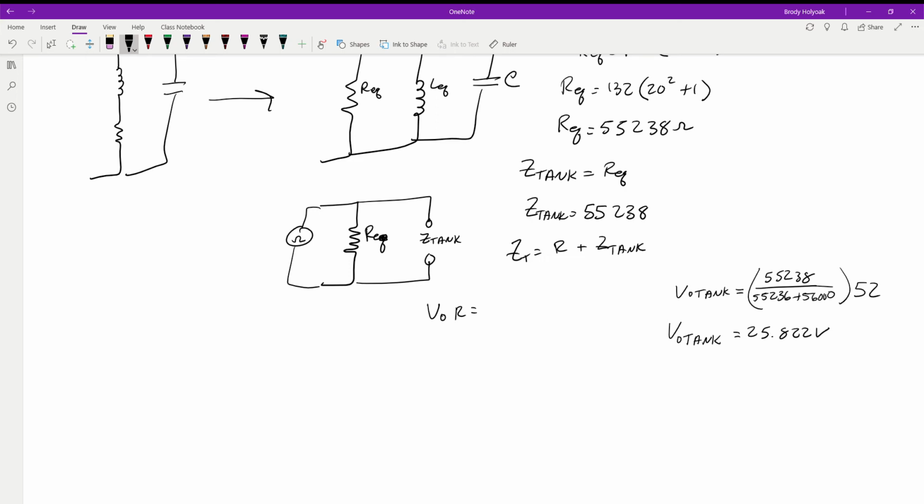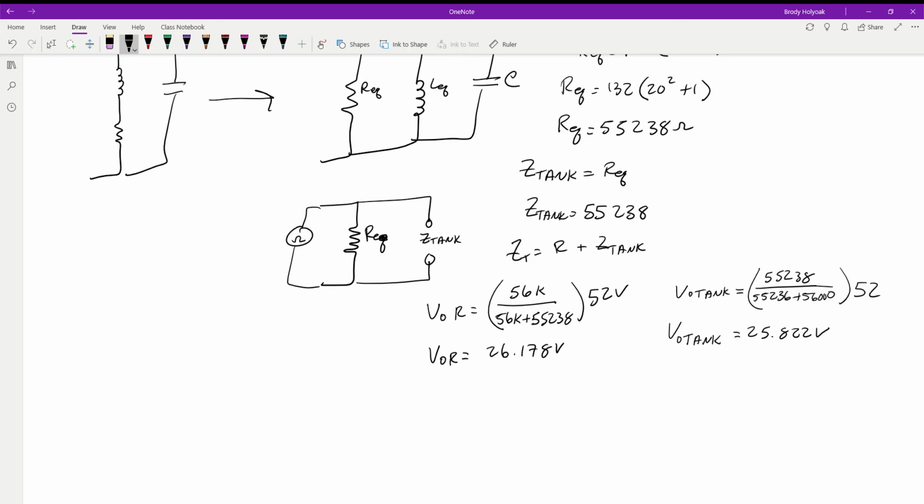And then for the V out of the resistor, we take the 56,000 ohms and divide that by the 56,000 plus the 55,238. Like I said, this is just the voltage divider that we learned a while ago, multiplied by the 52 volts. So V out from our resistor is going to equal 26.178 volts.